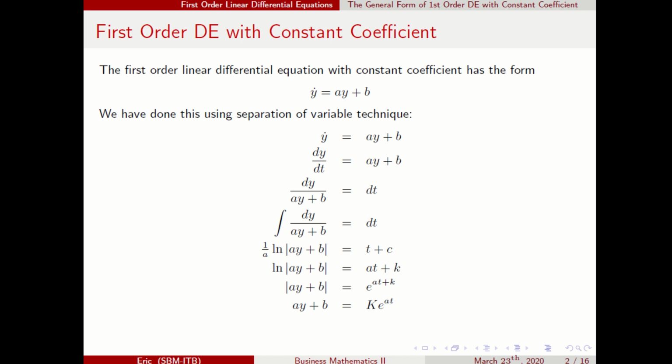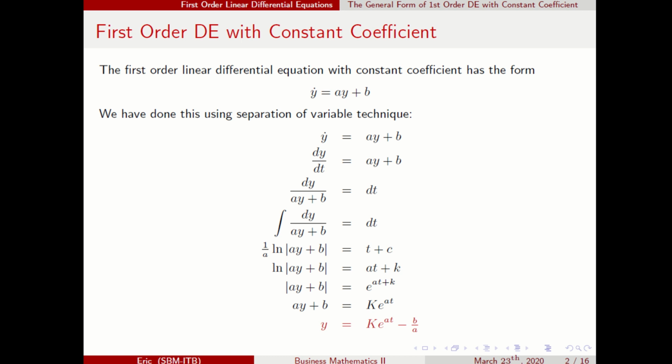Another constant times plus or minus came from this absolute value. So I have ay plus b is a new constant times e to the at. I can get b to the right hand side, so I have ay equals k e to the at minus b, and if a is not 0, I have y equals k times e to the at minus b over a.